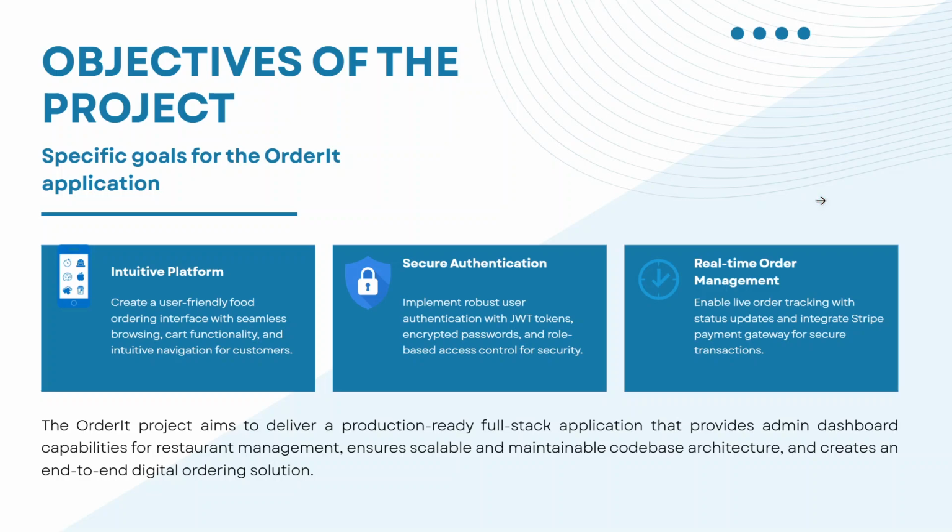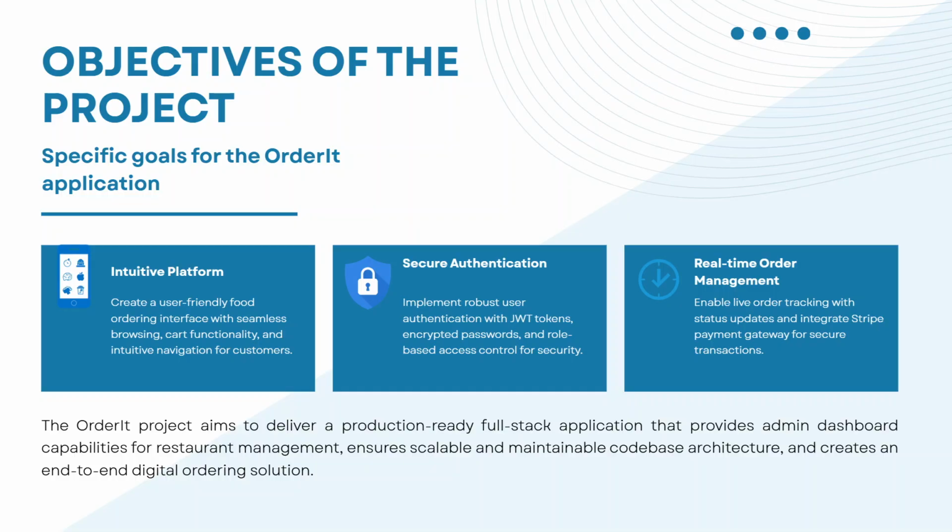Objectives of the project. The main objective of the OrderIt application is to build a complete and user friendly food ordering platform. First, the system should provide an intuitive interface where users can easily browse restaurants, view menus, and place orders without confusion. Secondly, it aims to implement secure authentication, using which user data and login credentials are protected using modern techniques like JWT.